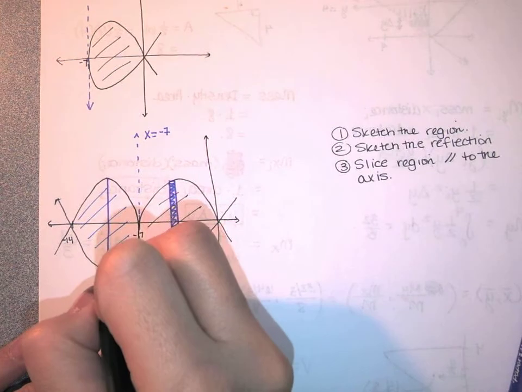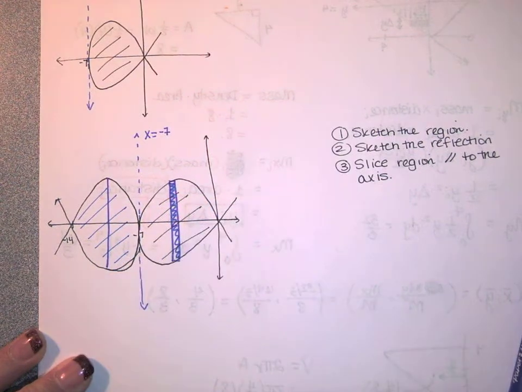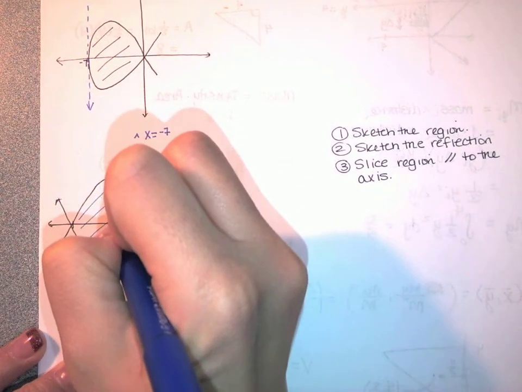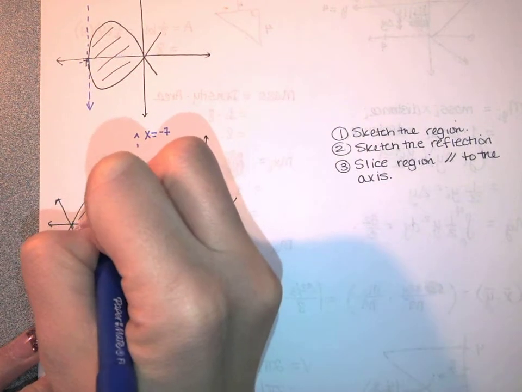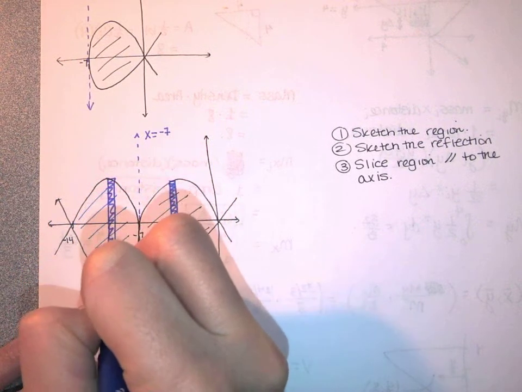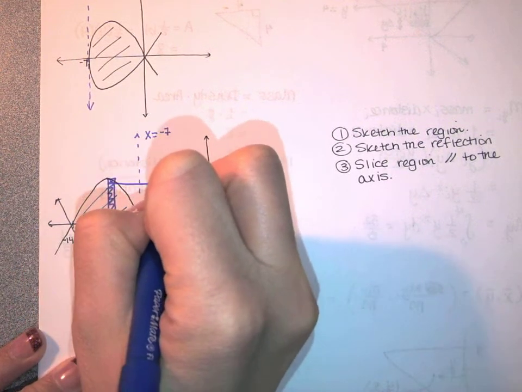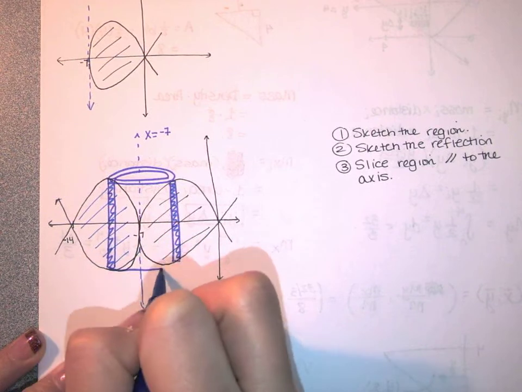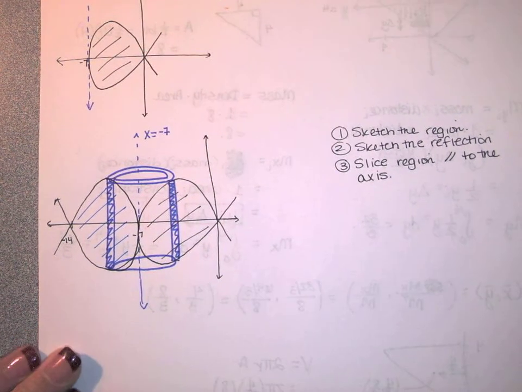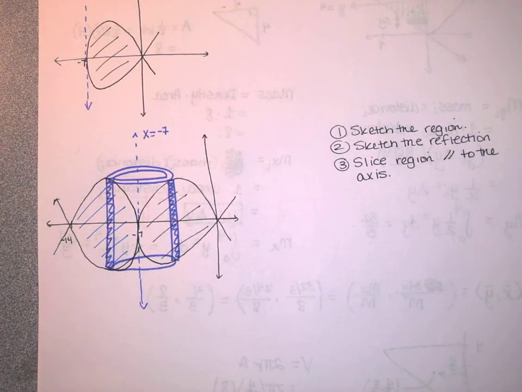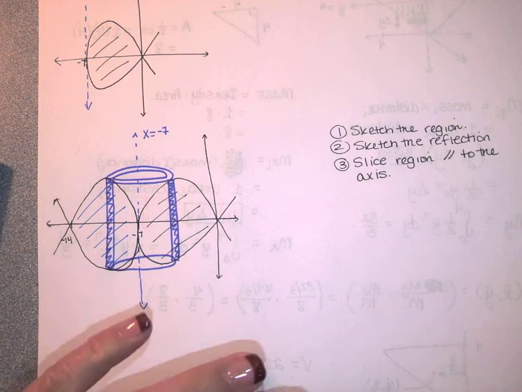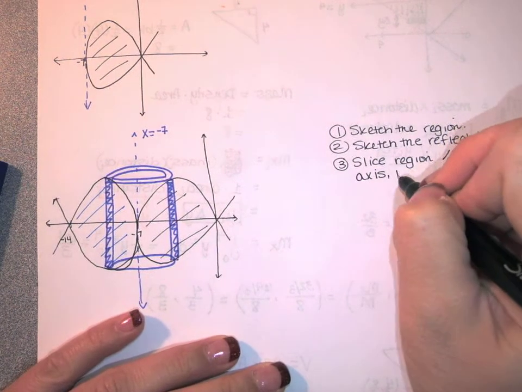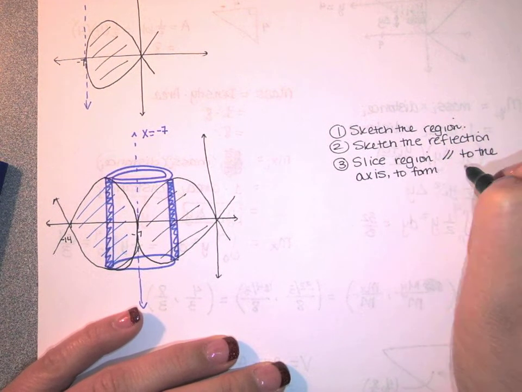Maybe if I did a better job with my graph, it would look better. But you're going to see the same image over here, and that rectangle, when it gets revolved, is going to form a cylindrical shell. So we slice the region parallel to the axis to form a representative rectangle.